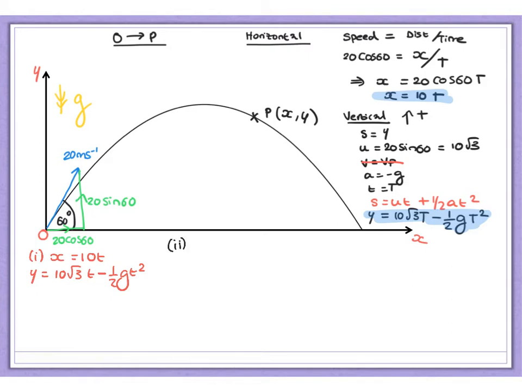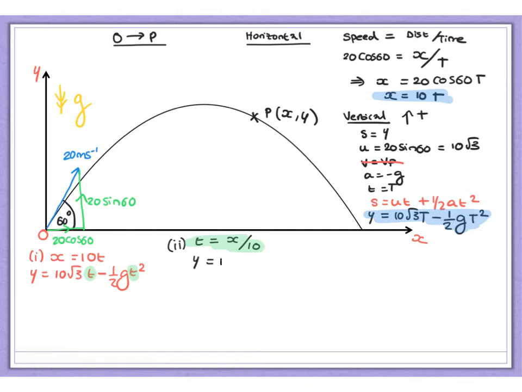So equation 1 clearly gives us t is equal to x over 10, and we're going to substitute this into the equation for y. So everywhere there is a t in the equation for y, we're going to replace that with x over 10. Let's do that.